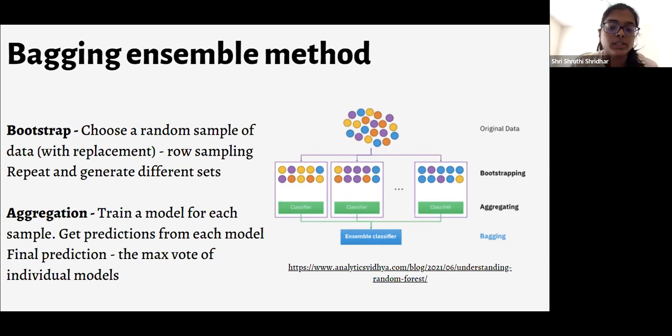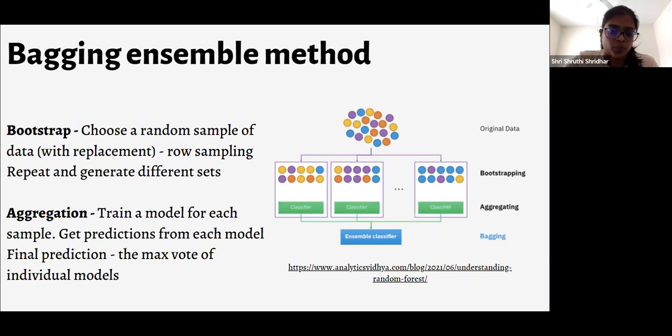And why do we do this? This is our way of diversifying what each decision tree prioritizes and bases its final prediction on. First, we generate these random samples of data with replacement, and this is called row sampling. We generate multiple sets depending on the number of individual decision trees that we want in our random forest algorithm, and this whole step together is called bootstrap.